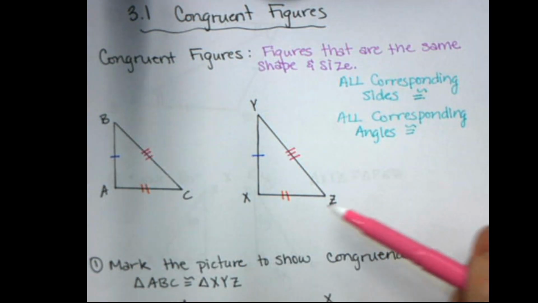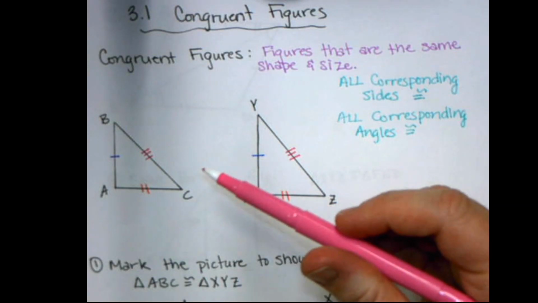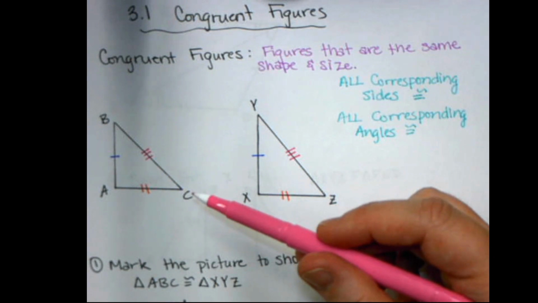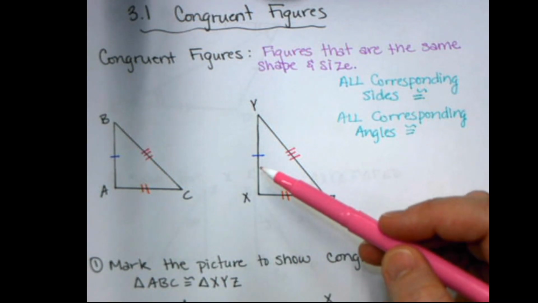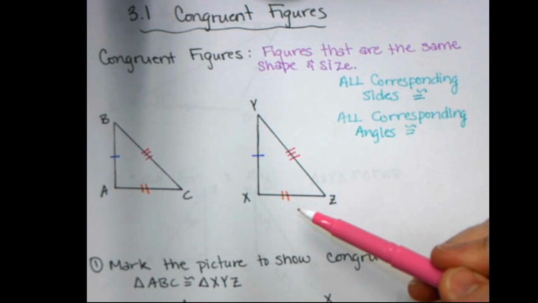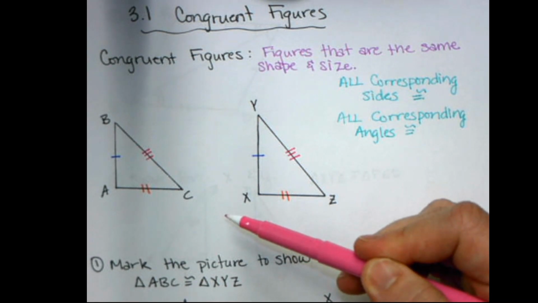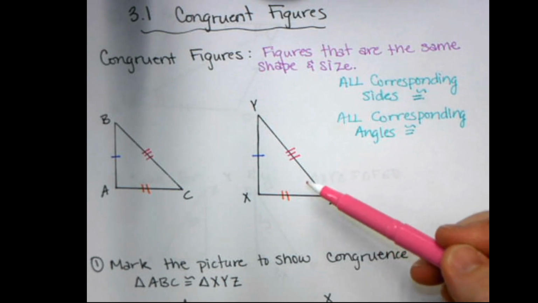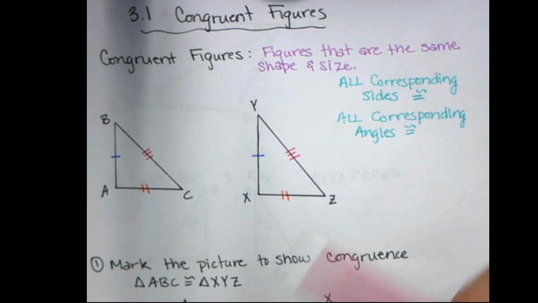If you notice how I marked them, AB and XY were both marked with one line. We call those tick marks. So one tick mark, and they're the same. XZ and AC have two tick marks, meaning those are the same. And then YZ and BC have three, meaning those are the same.